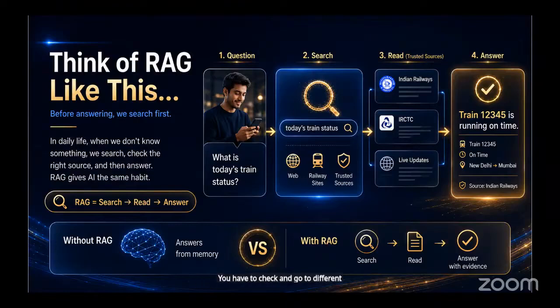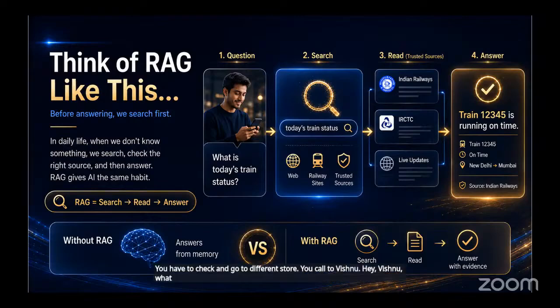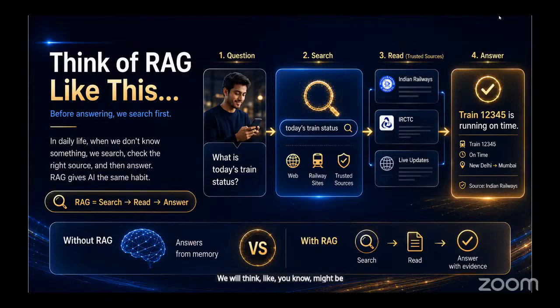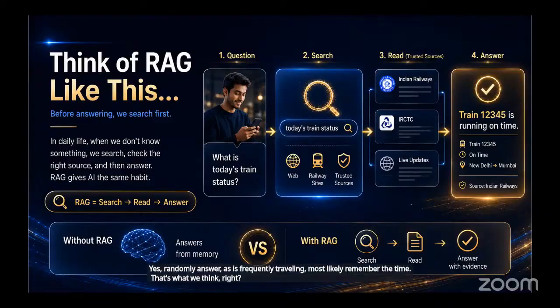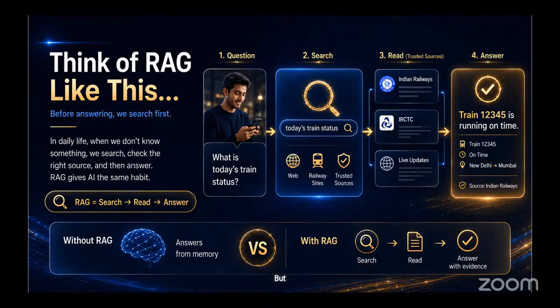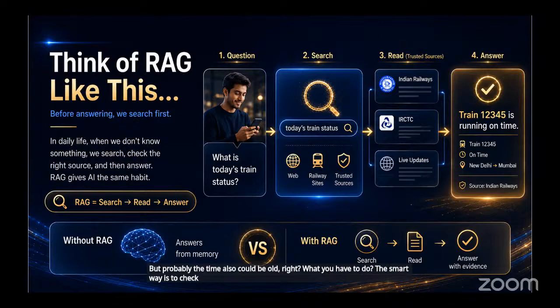You call Vishnu and we think he may have given a random answer, but as he is frequently traveling, he most likely remembers the time. But probably that time also could be old, right? So what do you have to do? The smart way is to check the railway app and then give the answer.